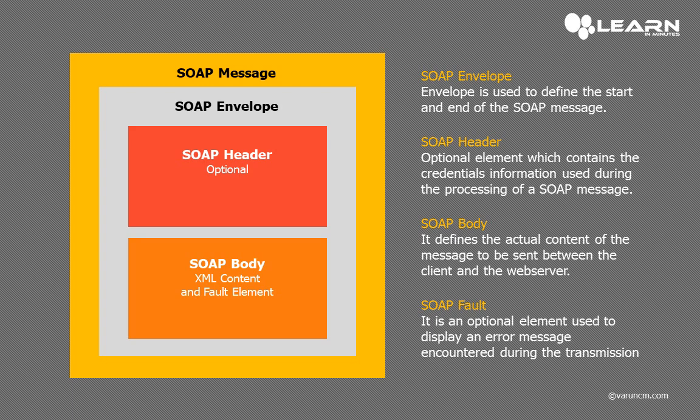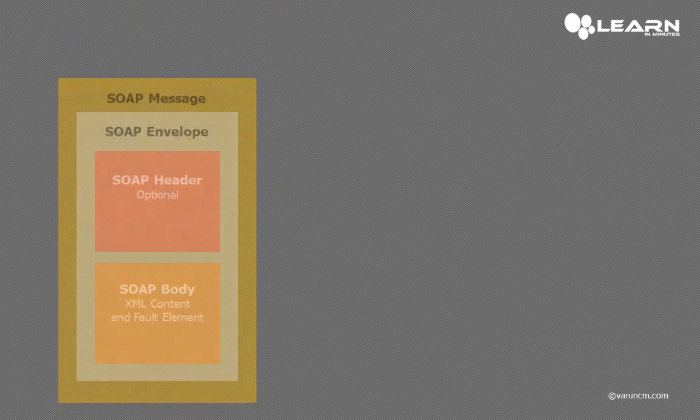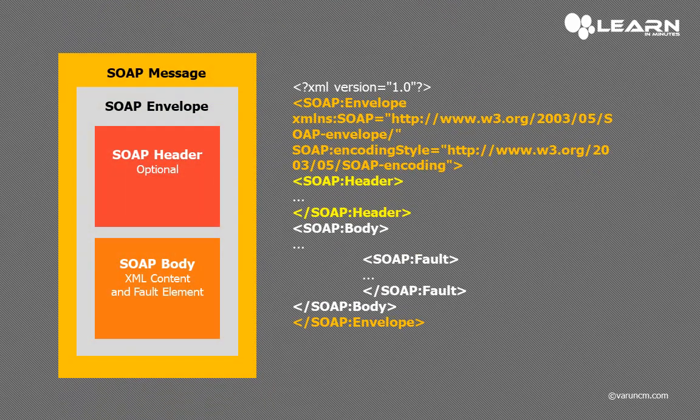So let us look at the structure. The SOAP message would be in this particular structure. As we know that SOAP is an XML document, it starts with the SOAP envelope. Here you could see that the SOAP envelope may contain the XML format, and then you have the header and the body.